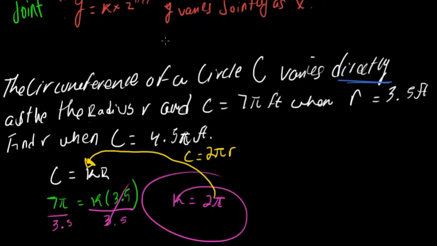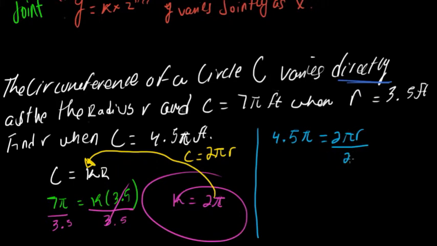Well, let's actually answer the question. It says find r when C is equal to 4.5 pi. Now that we found the constant of variation, we can go ahead and find anything. So 4.5 pi is equal to 2 pi times r. Let's solve for r.